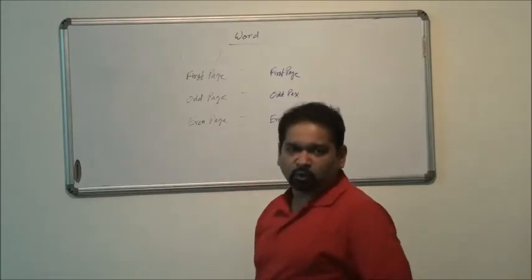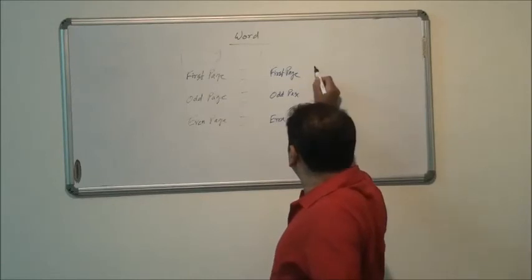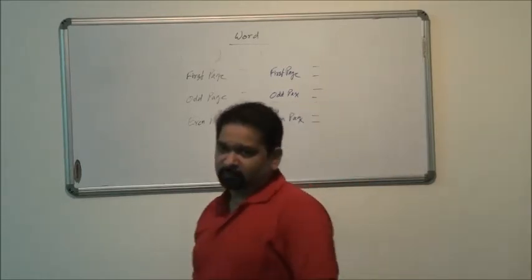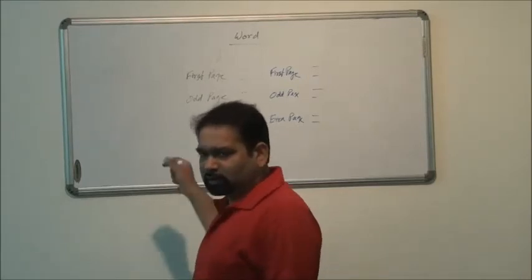Again, how many headers do you have? So you have got a different header for first page, different for odd page, different for even page, and different footer for first page, odd page and even page. Correct? Now all this depends on the setting.